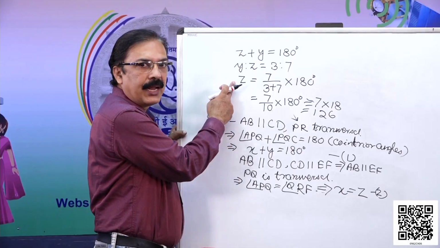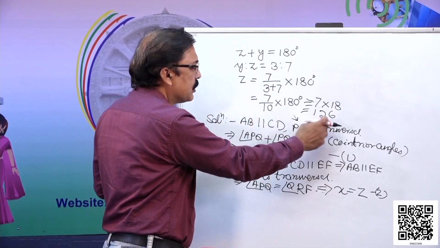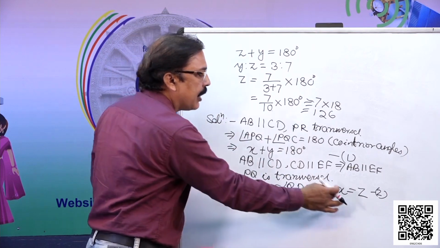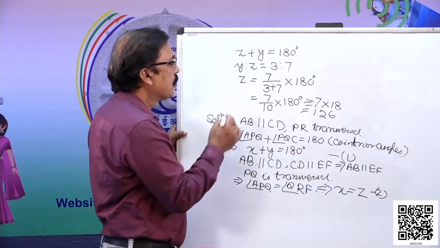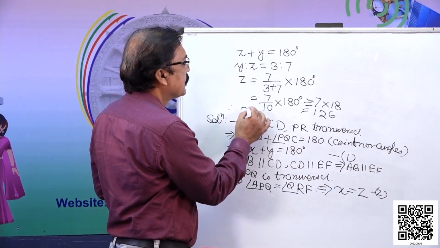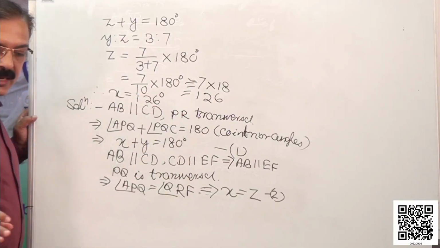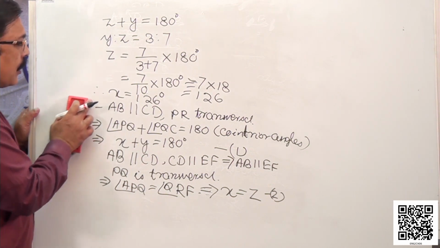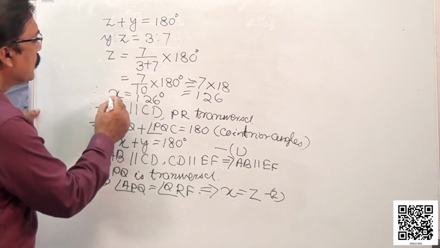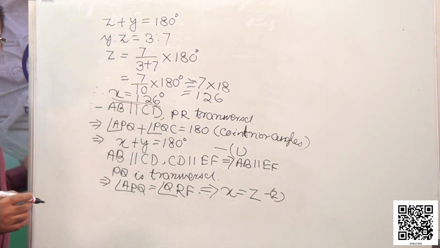So value of z is 126. Earlier we proved that x is equal to z, hence x is equal to 126 degree. So this is our solution.